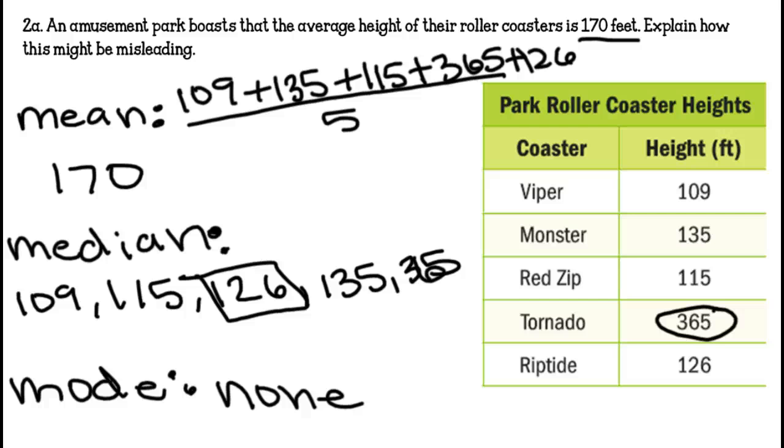Yeah, you have some smaller, you have some way bigger, but it's the average between the majority of them, where 170 is brought up so much by this 365 that it makes it sound like a much more exciting roller coaster amusement park than it actually is. So on these type of ones, you use the mean, median, mode to compare and look at the data and see which one is the right type of average to go with.